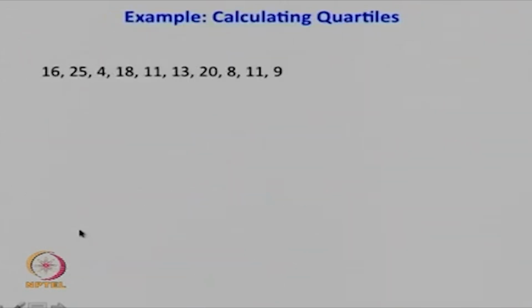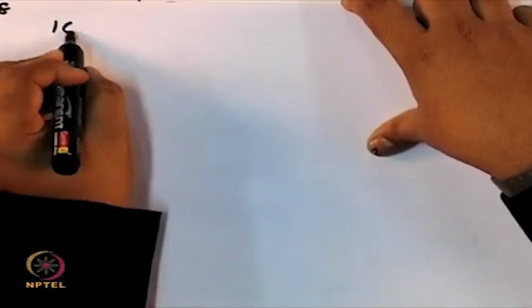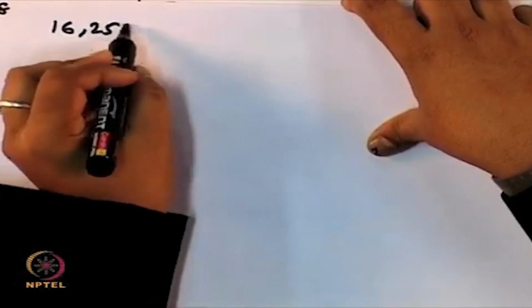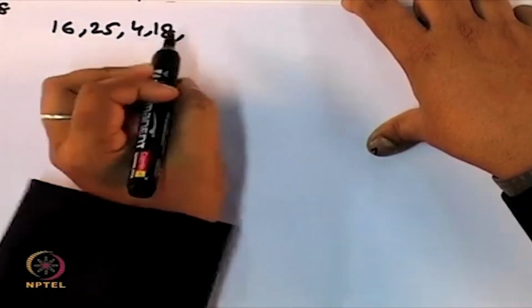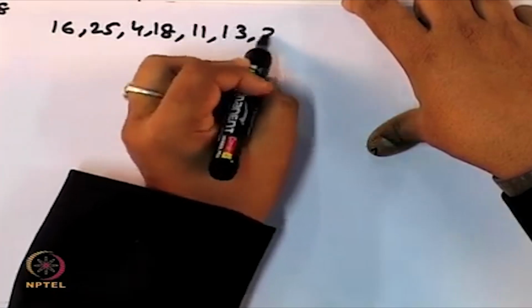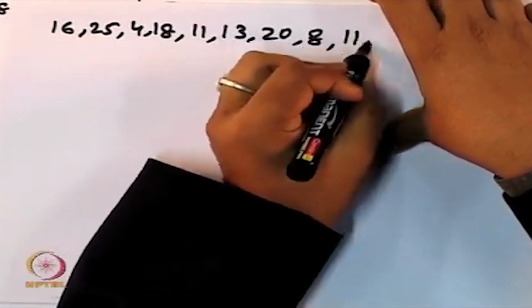Again, let us take the following example. You want to calculate the quartiles. You have the following data: 4, 18, 11, 13, 20, 8, 11, 9.